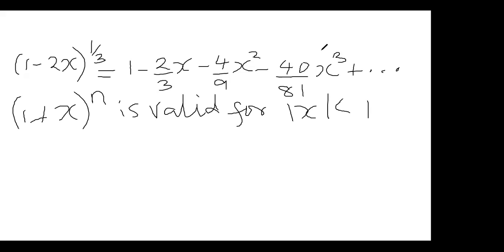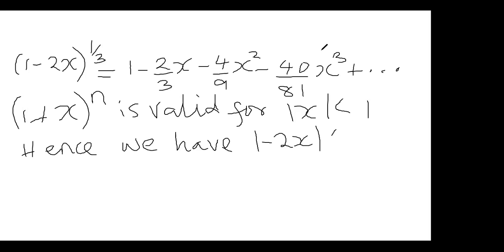So when you compare 1 + x and 1 - 2x, you notice that we are looking at values of x such that the absolute value of -2x is less than 1, because the -2x has taken the part for x there.